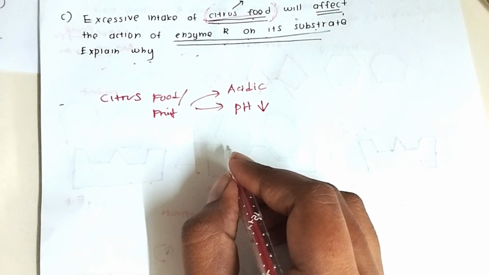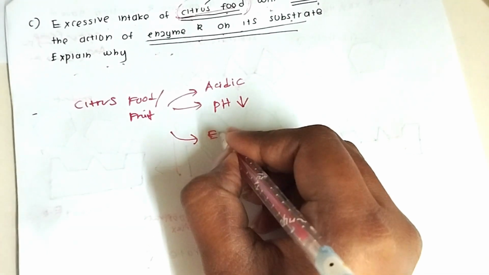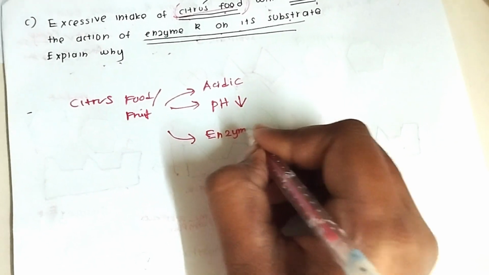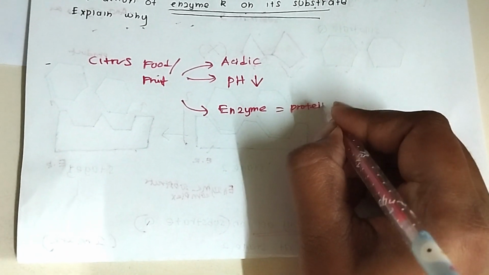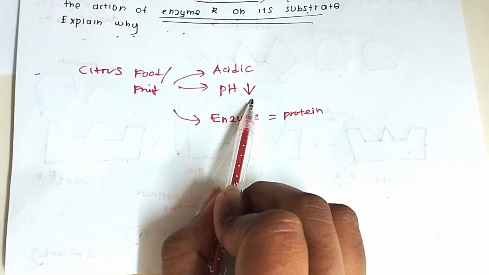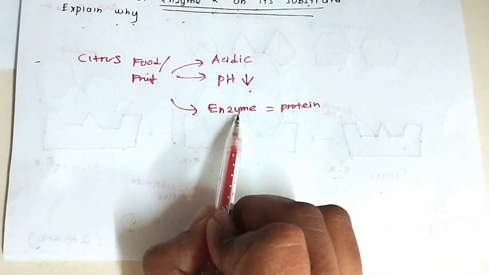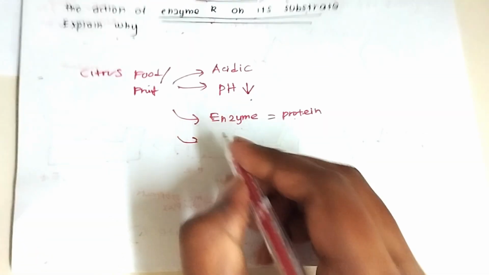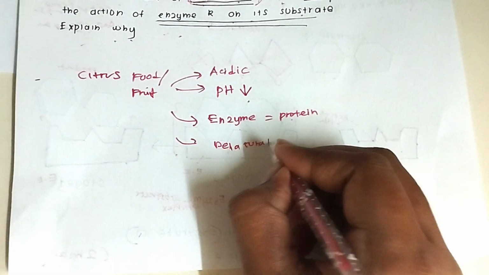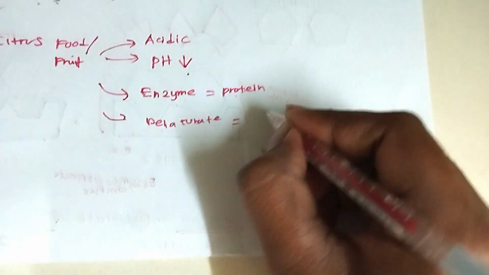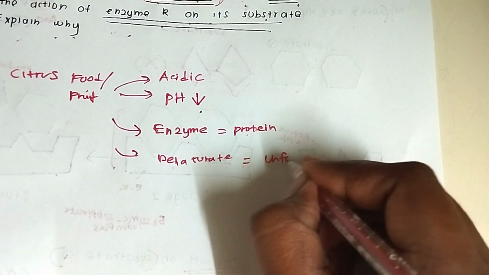If the pH is low, what will happen to the enzyme? The enzyme is a protein. If the pH is low, the protein, which is the enzyme, will denature. You know what denature is? Denaturing is a process where they become unfolded.